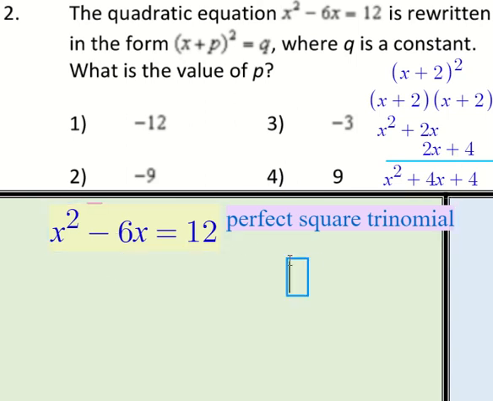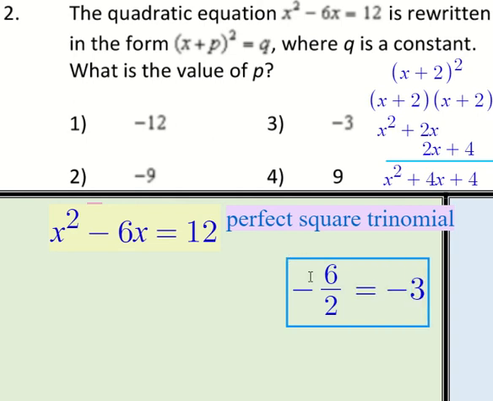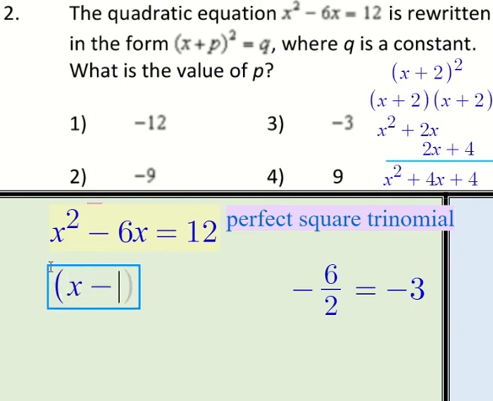So negative 6 divided by 2 equals negative 3. So when I write my parentheses in the next line, I do x minus 3, so (x minus 3) quantity squared.